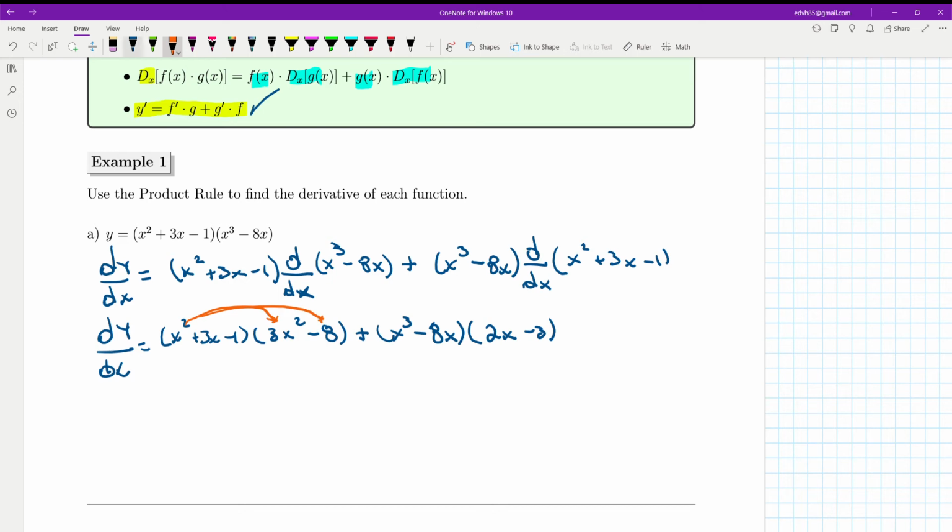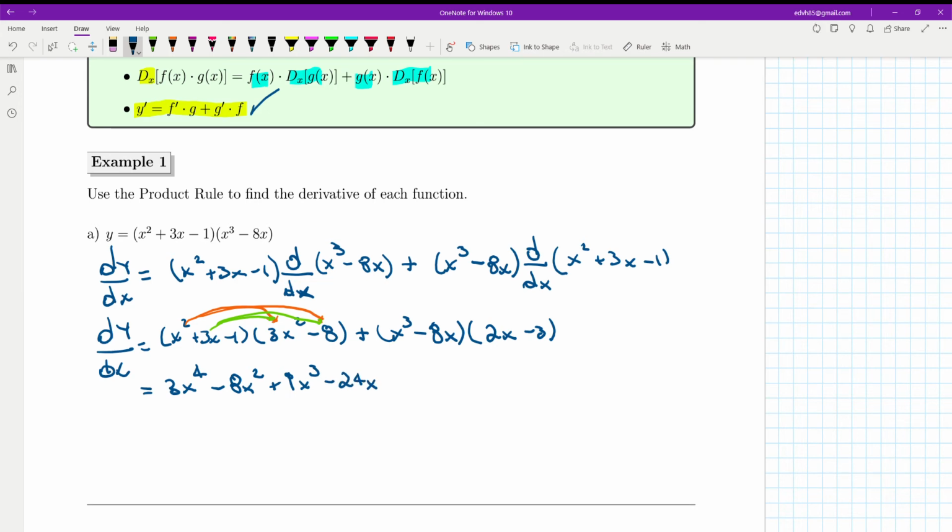That's going to give us, on the one hand, 3x to the fourth minus 8x squared, and then 3x times 3x squared and 3x times negative 8. That's going to give us 9x cubed minus 24x.